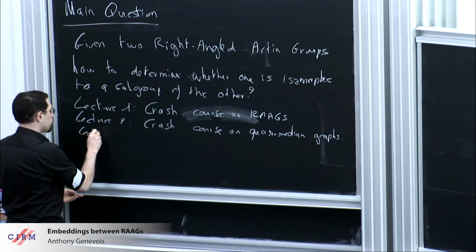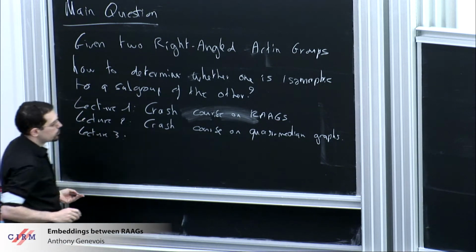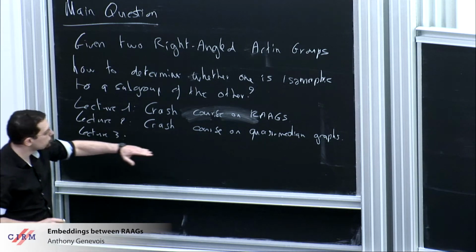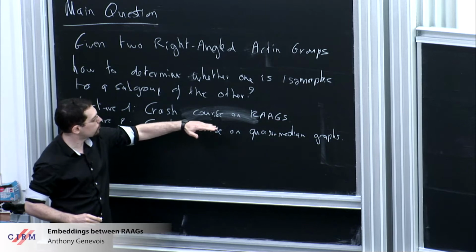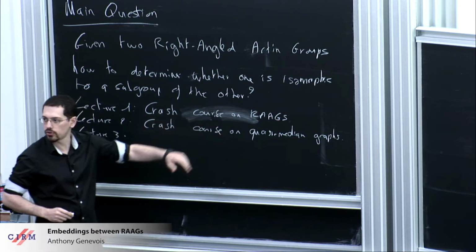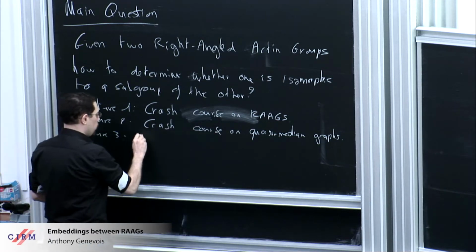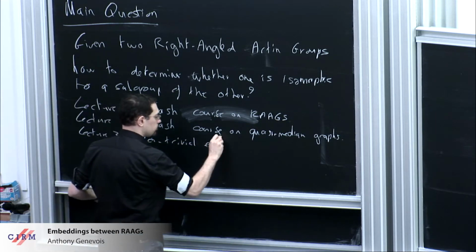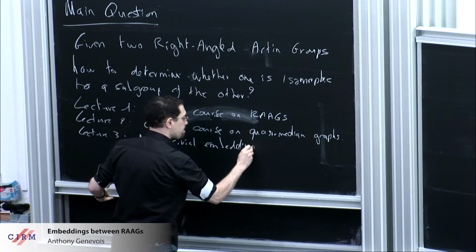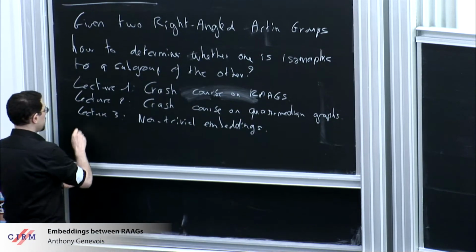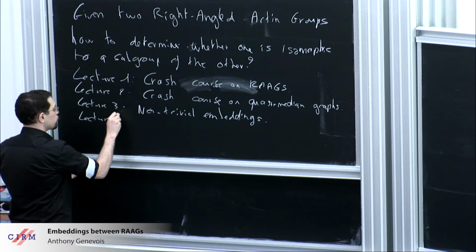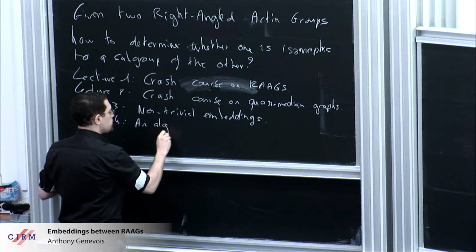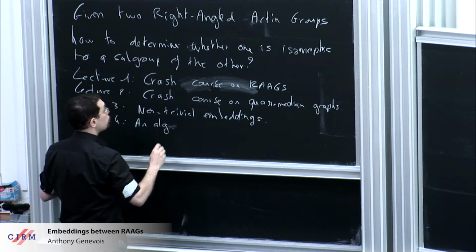And in lecture number 3, it will be, well, putting everything together. So how we can use this geometry to construct some really non-trivial embeddings between right-angled Artin groups. And finally, in lecture 4, I will describe in some specific case an algorithmic solution to this problem.